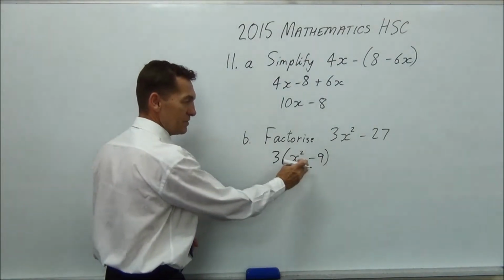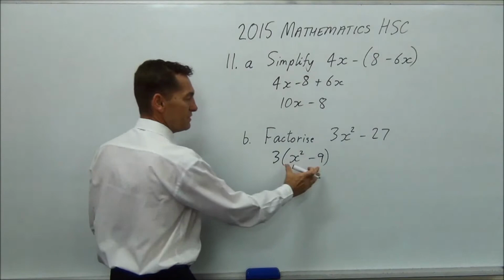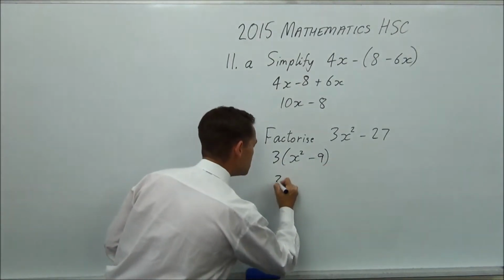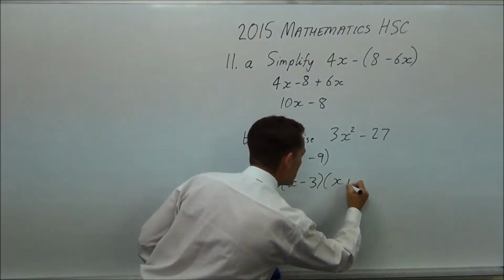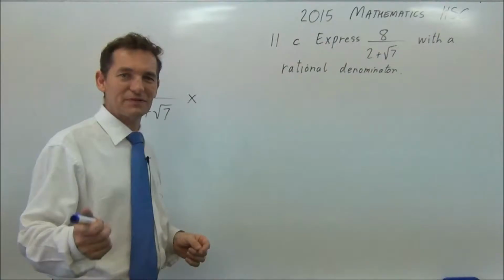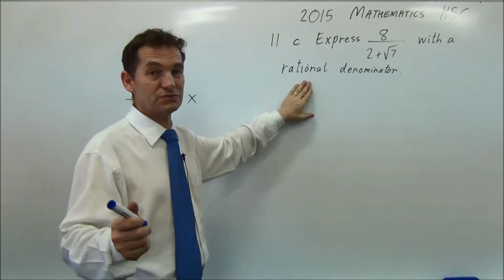That's x squared minus 3 squared. And you should recognise that you can expand that into the difference of two squares. And you're done.